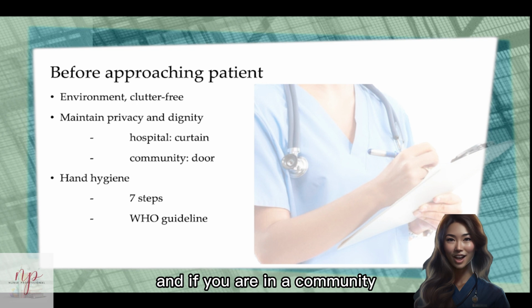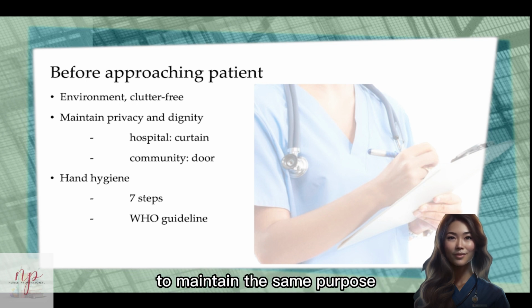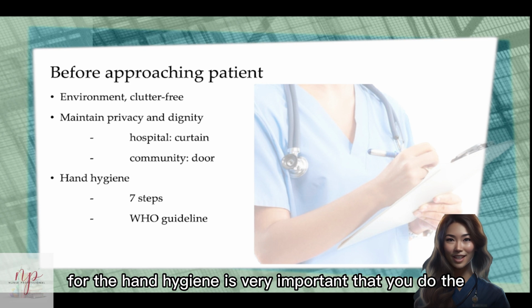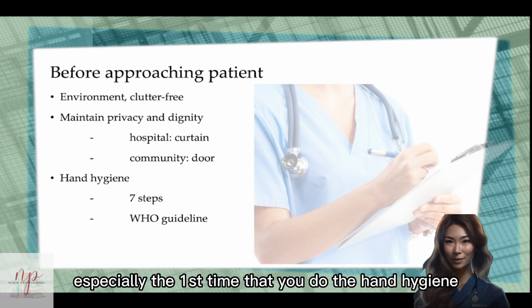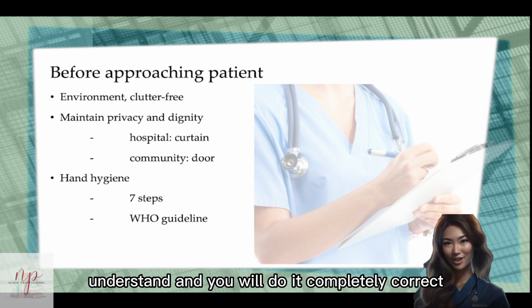And if you're in a community, let's say if you're at the patient's home, then you need to close the door to maintain the same purpose. And then you need to do the hand hygiene. For the hand hygiene, it's very important that you do the complete 7 steps according to the WHO guidelines. So this is very important, especially the first time that you do the hand hygiene. You need to show to your examiner that you understand and you will do it completely correct.